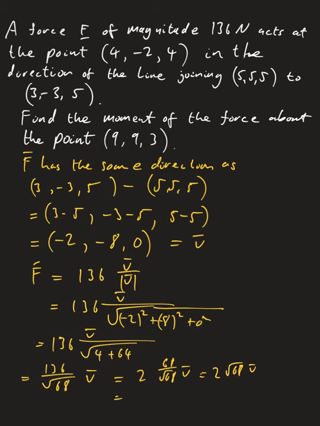which is then equal to, since 68 is 17 times 4, 2 times root 4 times root 17 times V. Root 4 is 2, so I have 4 times the square root of 17 times V. That's the simplest form for that. So now I can get the components of that vector.